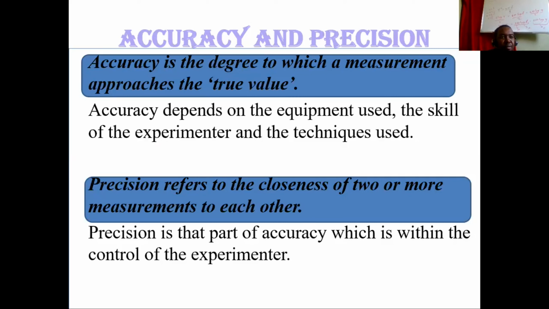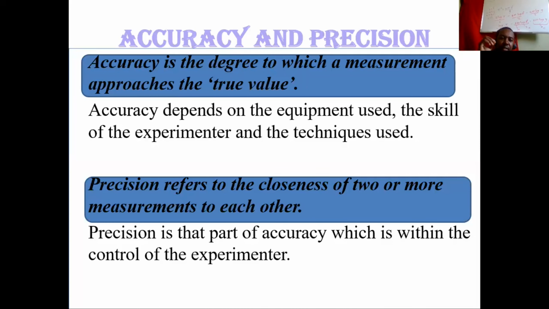So let's say you measure a table, right? The actual length of the table, let's say, is 25 centimeters, right? So you measure something, the actual or true value is 25, but each time you measure it, you get 23 or 24, right?